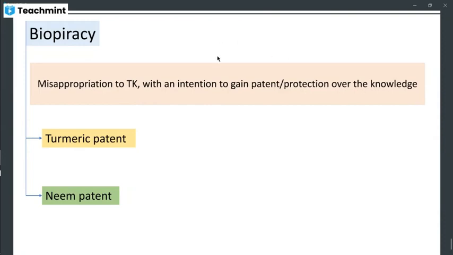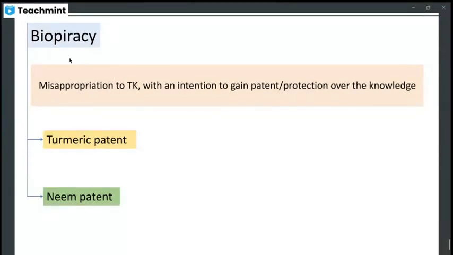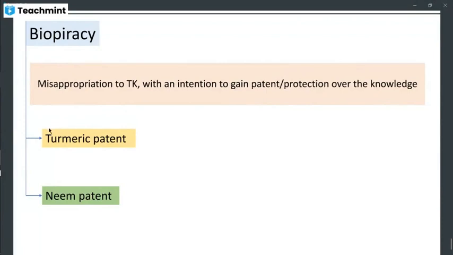Okay, so then it is a case of your biopiracy, right? So we'll see two examples of biopiracy. One is the turmeric patent and then the neem patent.